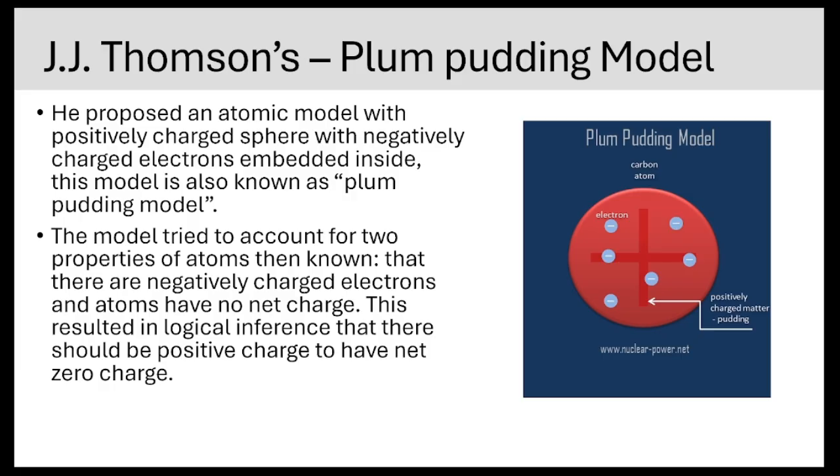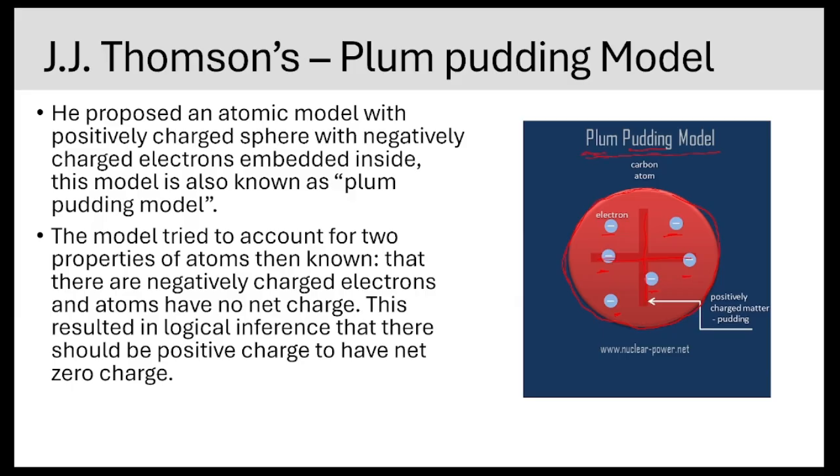If we see in the image here, we have this spherical region, and all of it is positively charged, and within this positively charged sphere there were negatively charged electrons embedded, like plums in a pudding, and with that analogy it was later known as the plum pudding model.